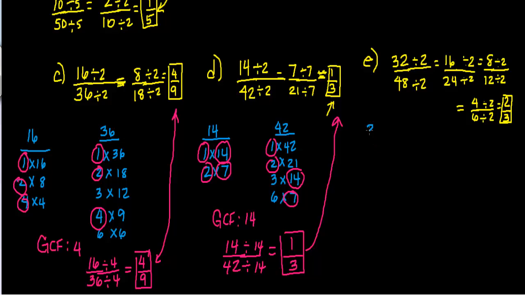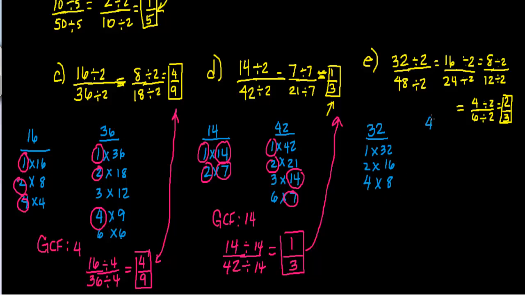Let's make a list for 32. Factors of 32. That's 1 times 32, 2 times 16, 3 times nothing, 4 times 8, 5 times nothing, 6 times nothing, 7 times nothing, 8 times 4. I've reached 8 times 4, which is repeating the factors. That tells me I'm done with this list.